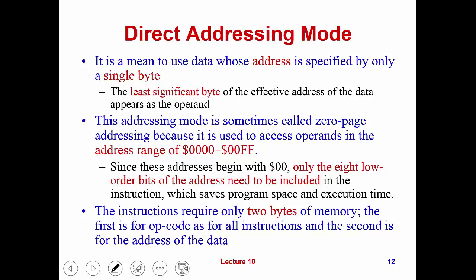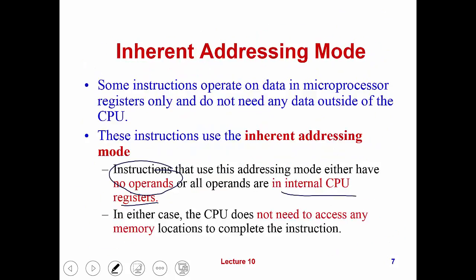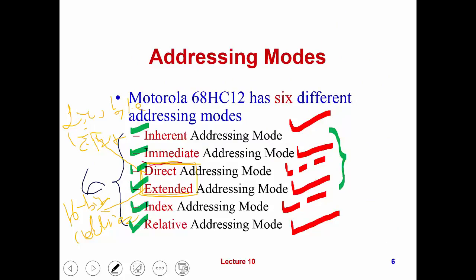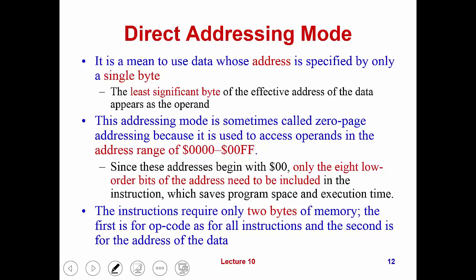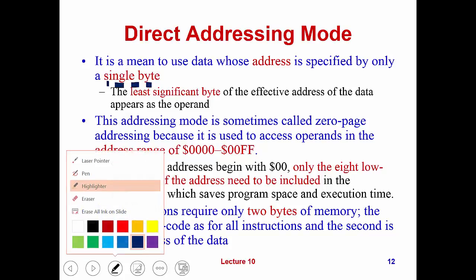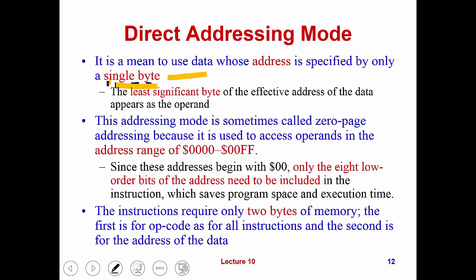But also make sure that, as I mentioned a moment ago, the address is only 1 byte. So only a 1-byte address is specified for the memory location, and the instruction needs to deal with data at this location. So our data address is only a single byte.